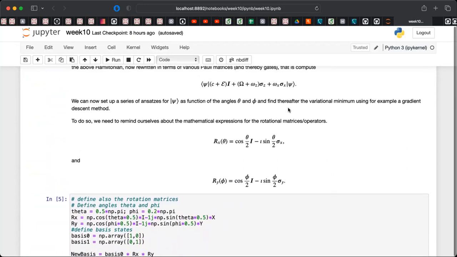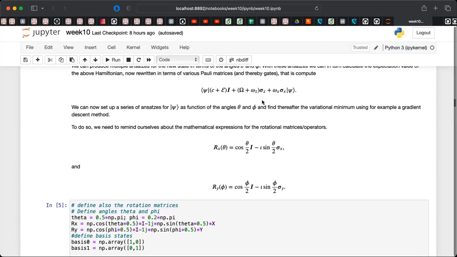Now, keep in mind, and this is something which becomes important after the break, that the computational basis which we have chosen, 0 and 1, these are eigenstates of sigma z. That means that when we want to perform a measurement, when sigma z acts on a linear combination of these 0 and 1 states, we get an explicit number if we now measure on state 0 or state 1.